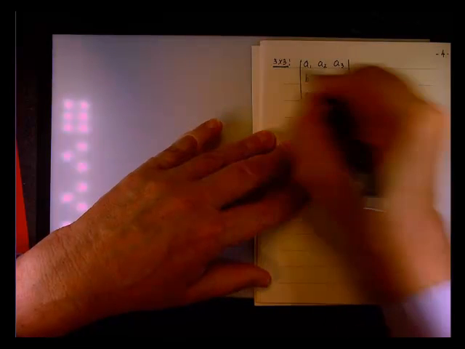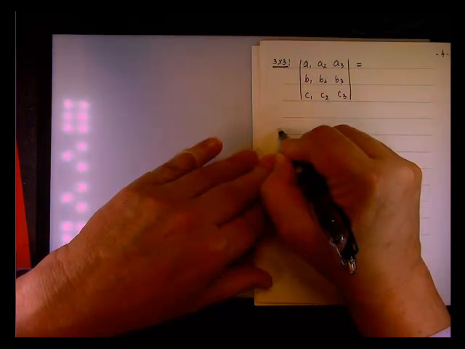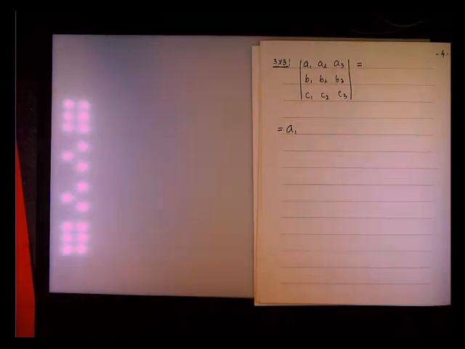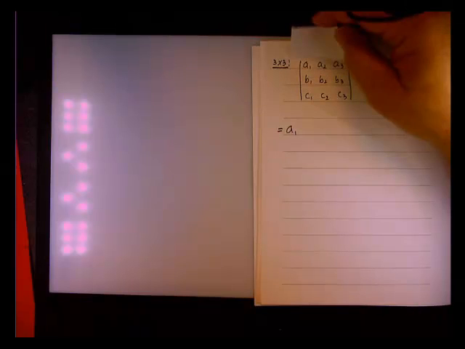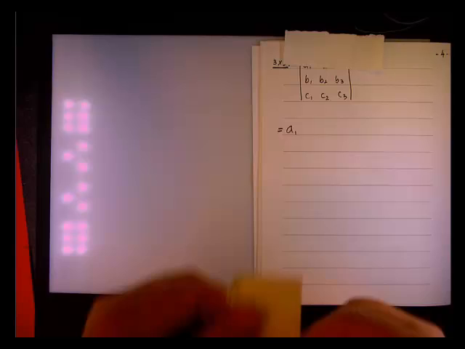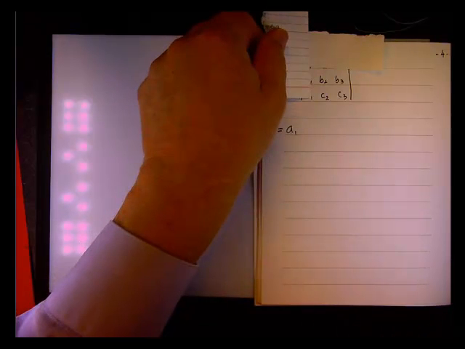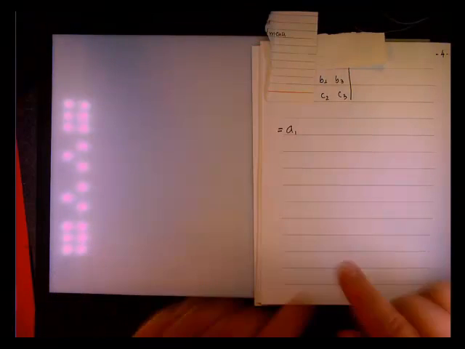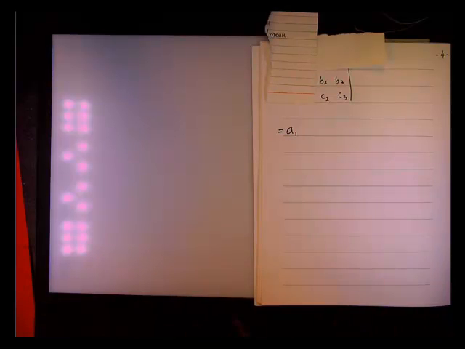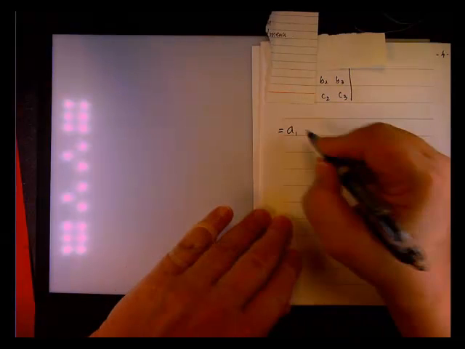So how are we going to do it? We're going to expand it along the first row, A1, A2, A3. We'll take A1, and I need to use a couple of strips of paper here. We cover the first row, which we're always going to do, and then we cover the first column, because we're going to find the minor determinant that corresponds to A1.